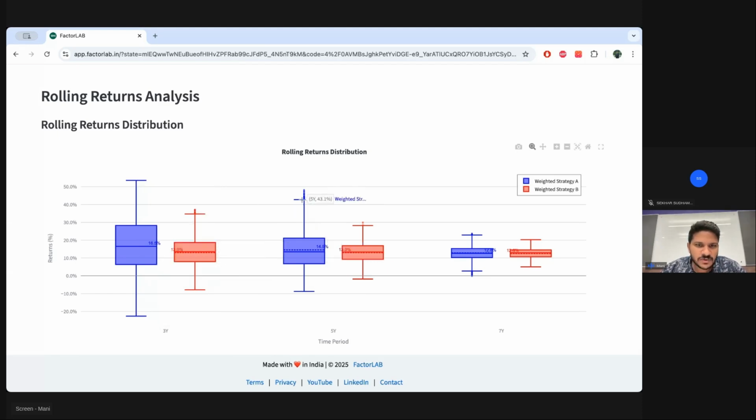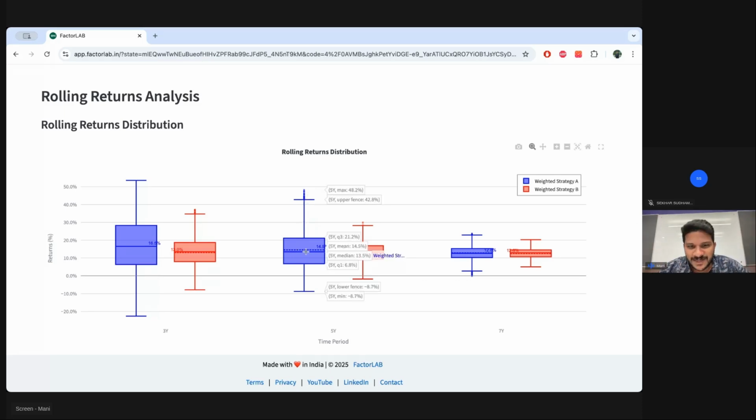Notice that in this case, this is the 5-year rolling return, and this is the 7-year rolling return. These you can think of as outliers. There is an upper fence and then there is a max. The upper fence is basically 1.5 times the interquartile range, which you add to quartile 3 to get to the upper fence.